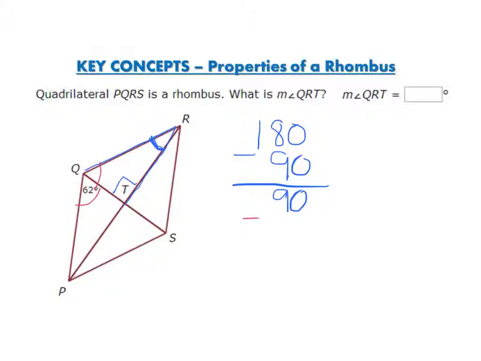So I now can subtract 62 degrees, which would leave me the measurement of R, which is 28 degrees. So the measurement of QRT is 28 degrees. You just have to think about what you know about these triangles and subtract them from 180. Remember, each triangle is going to be worth 180 degrees, and each triangle has a 90-degree angle in it.